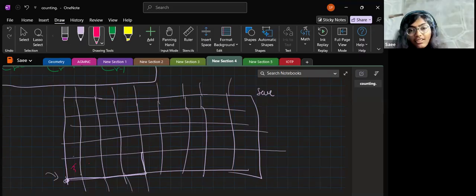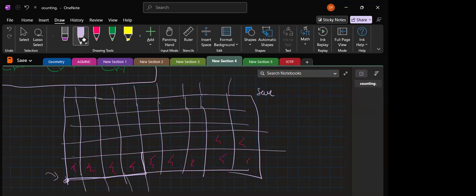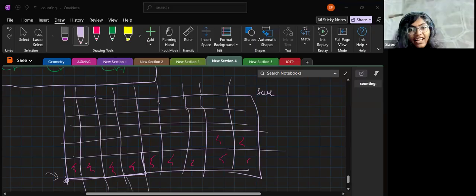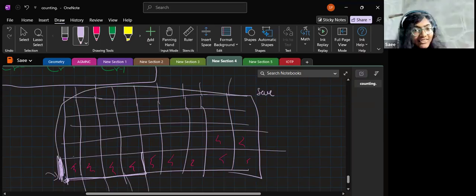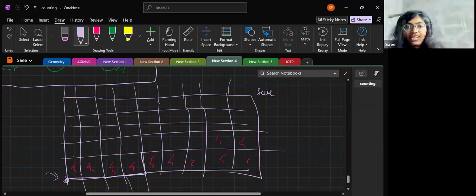So now the question is, how many different ways can little Arnav reach Saee? Aren't there infinitely many ways? He can just go up, down, up, down, as many times as he wants.